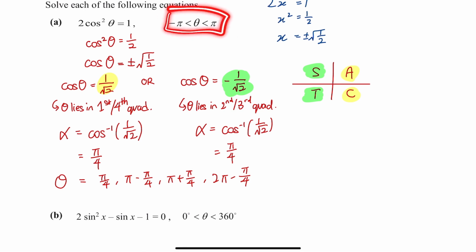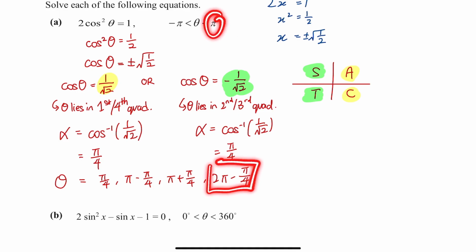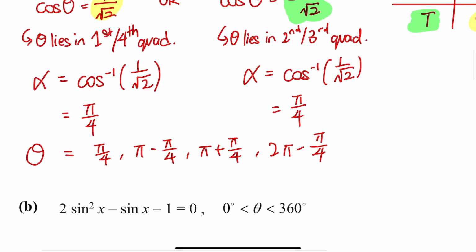Observing what I'm given, we note that pi plus pi over 4 is more than pi, and 2 pi minus pi over 4 is also more than pi, which means these two answers are out of the range. We have to reject these solutions as they are out of the range.